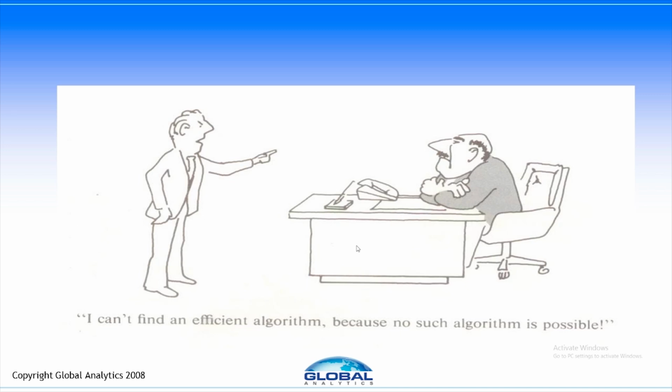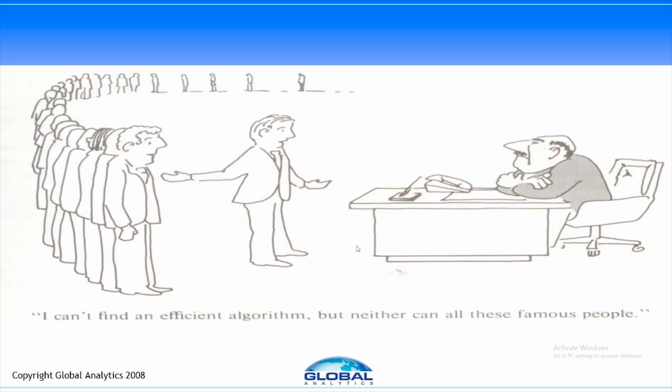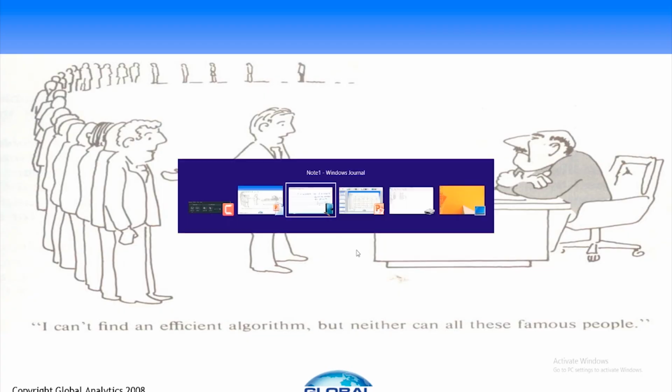But after learning this whole notion of NP completeness, what you can say is, I can't find an efficient algorithm, but neither can all these famous people, because this problem, by being NP hard, is equivalent to some hundreds of problems which have been tried by many experts. So at the least, your boss won't fire you and try and find somebody else, because somebody else is also struggling.